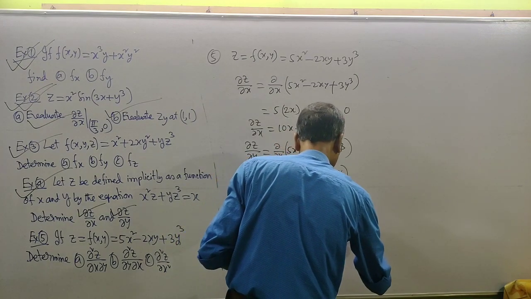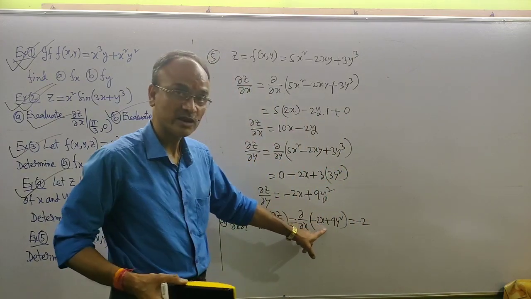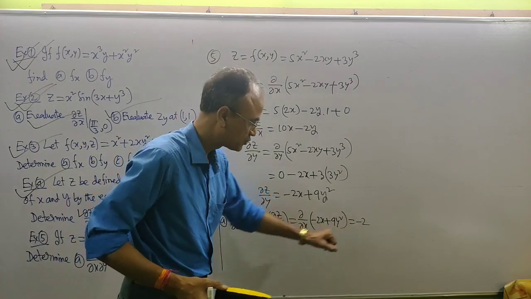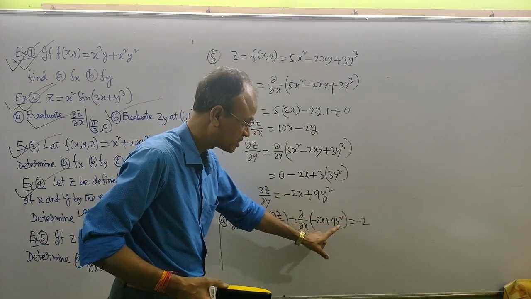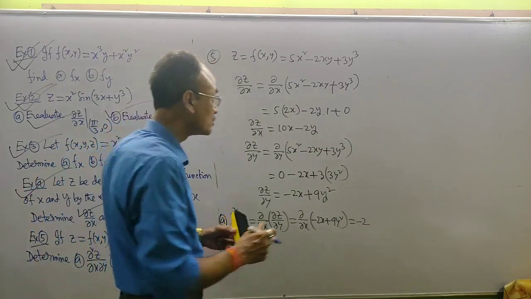This is equal to minus 2, because if you differentiate minus twice x, minus 2 is constant. You should treat y square as constant, therefore it will be 0. Therefore it is minus 2.